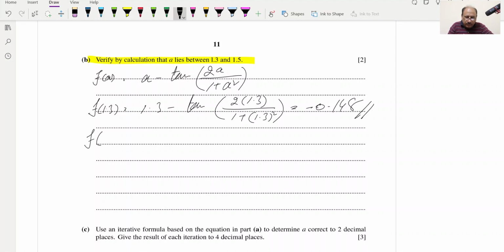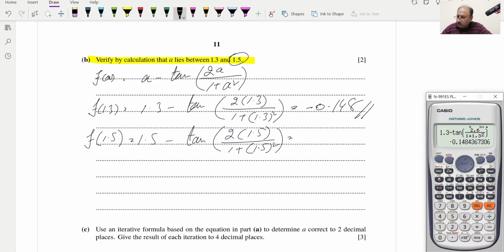Now similarly we can find it for 1.5. So f of 1.5 is 1.5 minus tan of 2 into 1.5 over 1 plus 1.5 squared.